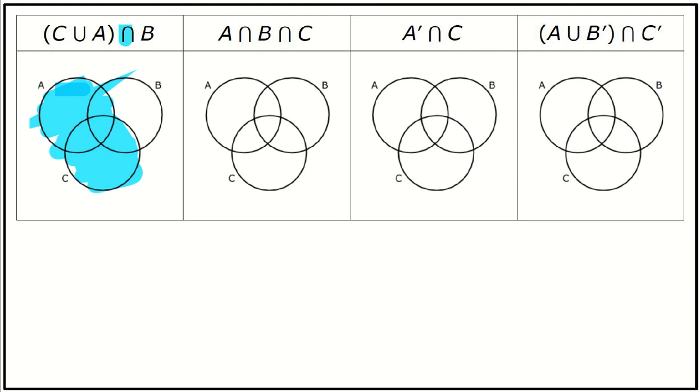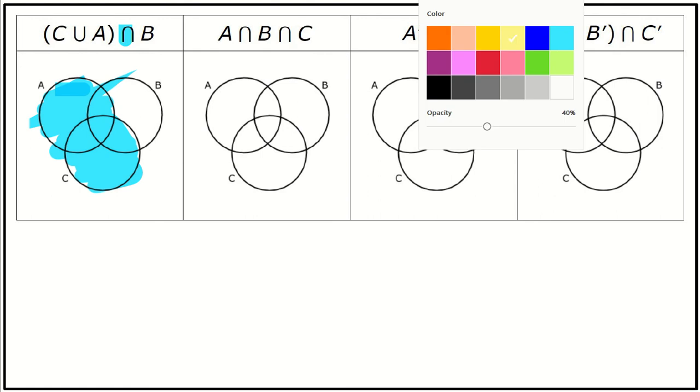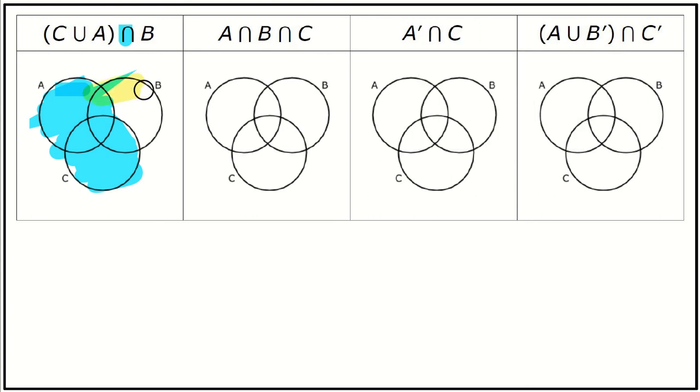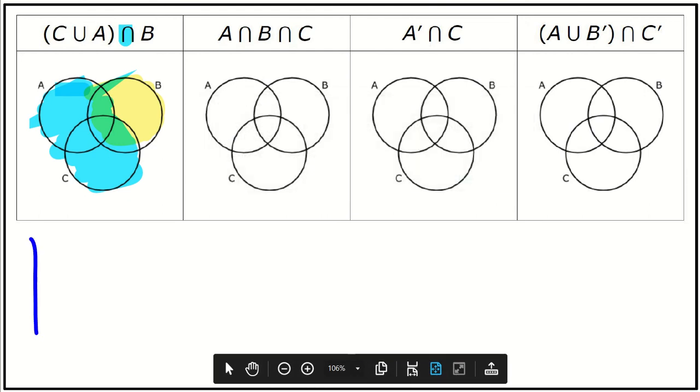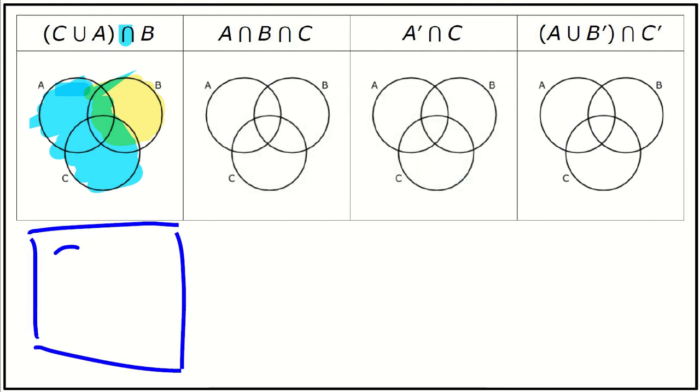Now where does this intersect with B? So I'm going to draw that in a different colour. So let me change my highlighter to yellow, and I'm going to highlight in B. Now the area that has been highlighted twice, that is the answer to this. Okay, so if I now draw the final answer as a separate diagram, this has kind of been the working to get to this.